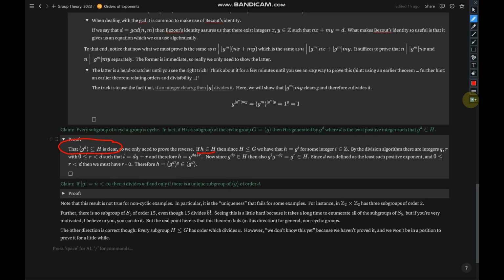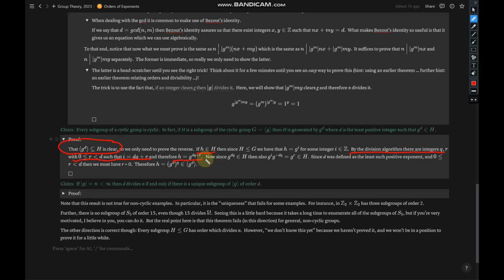Now, as we've done many times in somewhat similar circumstances, we can apply the division algorithm to get a quotient and remainder, applying this to i and d. And from here, that of course tells us that h is g to the dq plus r. We could use our exponent laws to split and rearrange some of this.